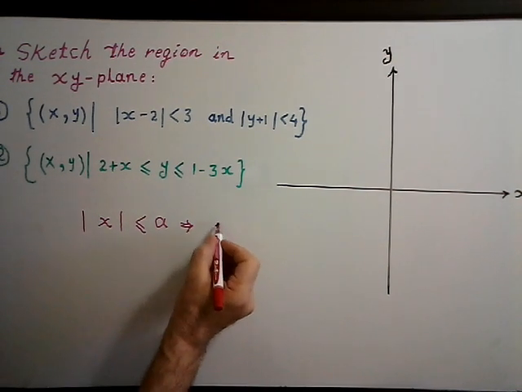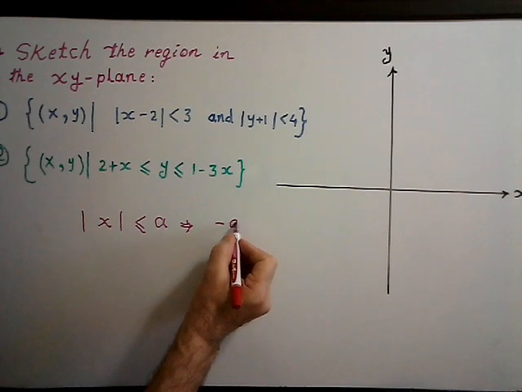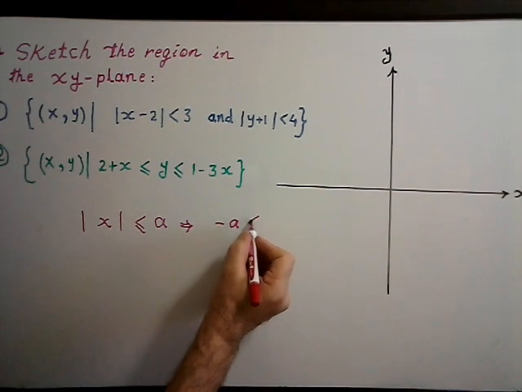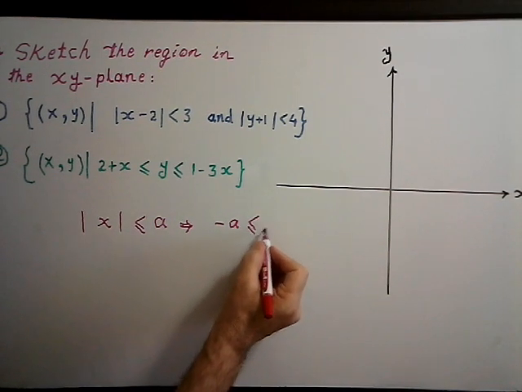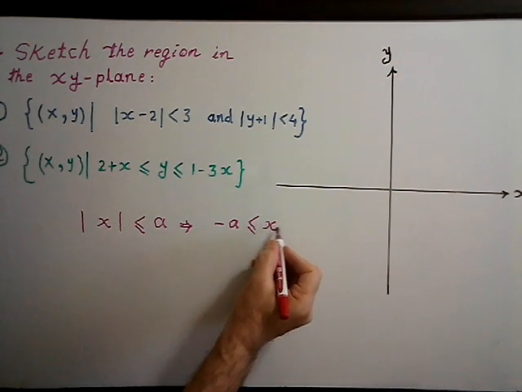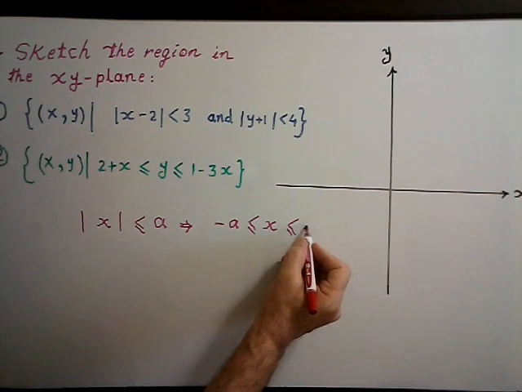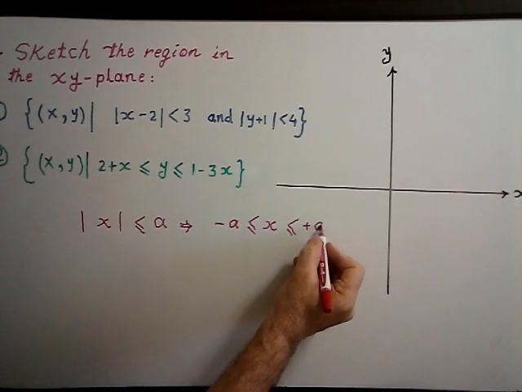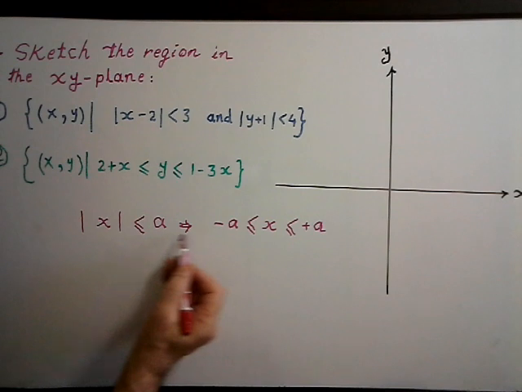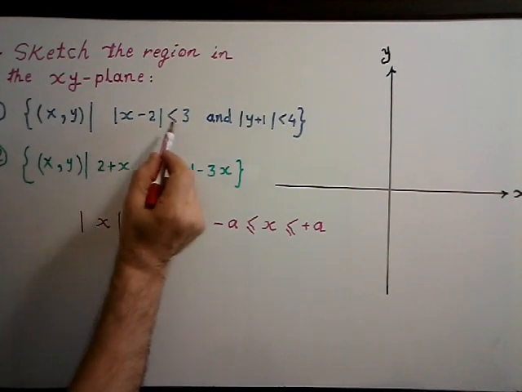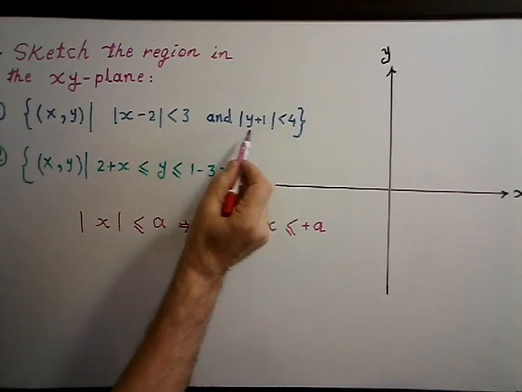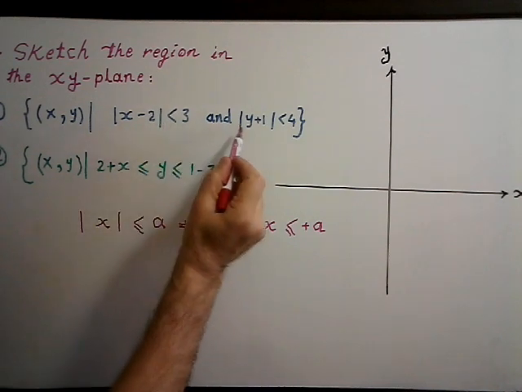It means negative a is less than or equal x, and x is less than or equal plus a. According to this definition, we will find the solution for these two inequalities.